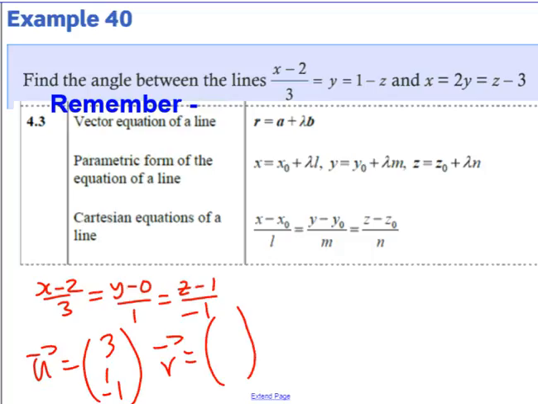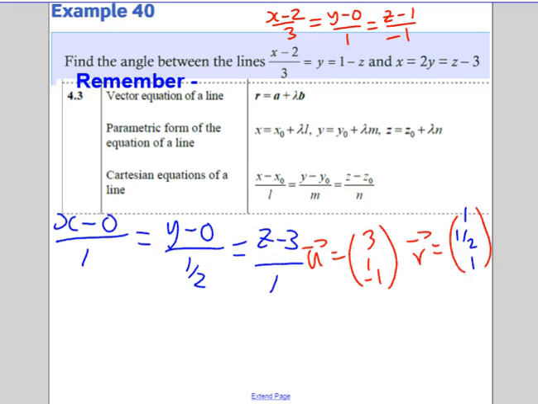Okay, pause for another second to do this one in Cartesian form. There it is. And then we can read off the two direction vectors. And then I'm going to leave you to just find the angle between them with the formula, and check your answer in the textbook. It's example 40.